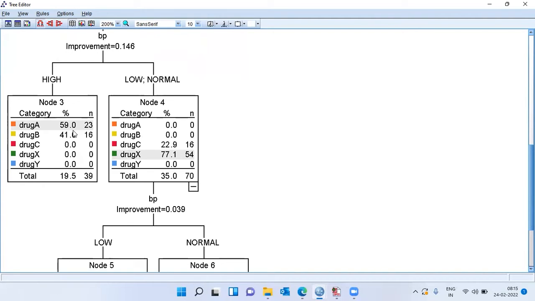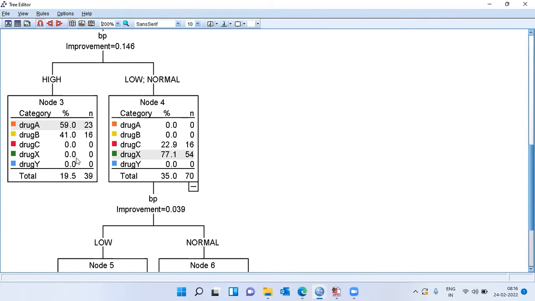You can see within this class, approximately 60% of the patients have responded to drug A and 40% of patients have responded to drug B. This is another rule that we can pick up: if the patient's ratio of sodium concentration to potassium concentration is less than 15 and his BP level is high, he is most likely to respond to either drug B or drug A, but predominantly B. I will not be suggesting him drug C, X, or Y, because historically we have seen none of the patients have responded to drug C, X, or Y.